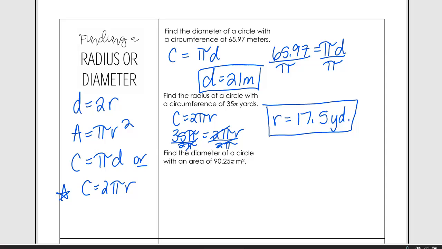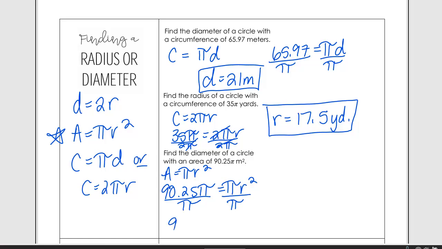All right, the next one says, find the diameter of a circle with an area of 90.25 pi meters squared. So we're going to use our area formula, pi r squared. Once we find the radius, we can find the diameter just by multiplying by 2. So we have 90.25 pi equals pi times the radius squared. First we divide both sides by pi to isolate r, and we get 90.25 equals r squared, because the pi's cancel out.